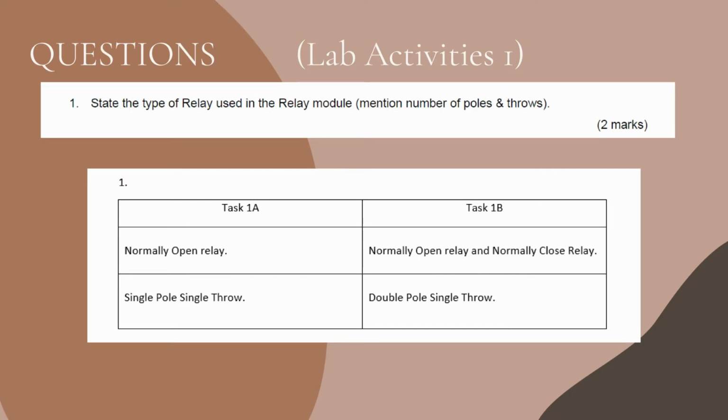So for question 1, state the type of relay used in the relay module, mention number, pole and throws. For task 1A, it uses normally open relay and single pole single throw. For task 1B, normally open relay and normally closed relay, double pole single throw.